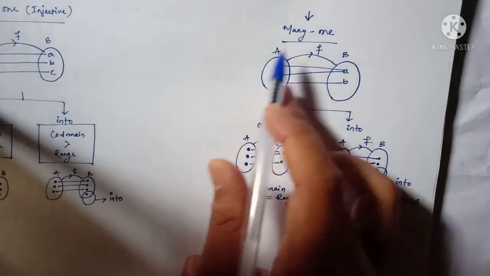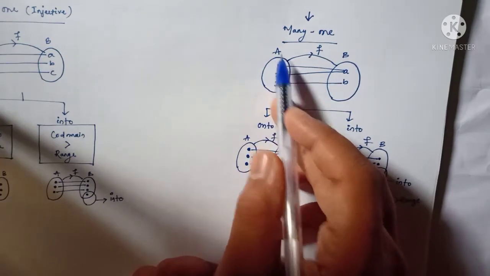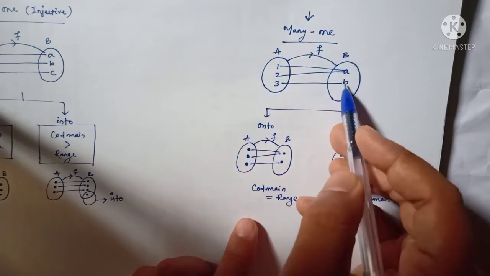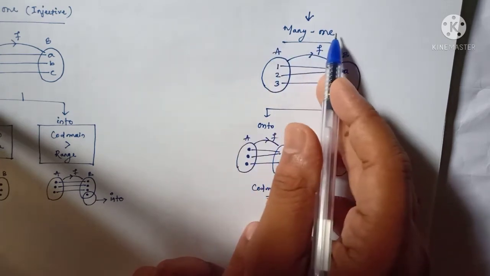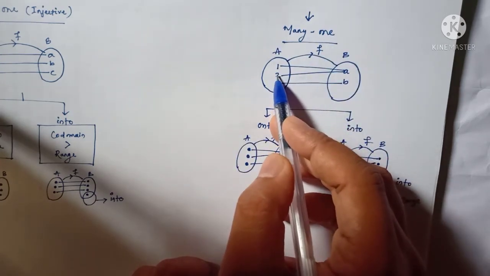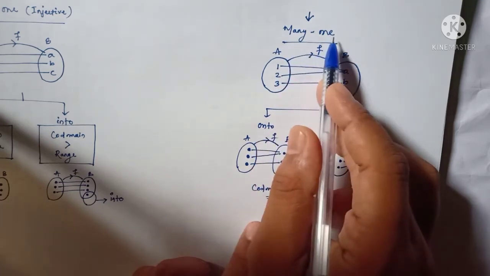The same thing is also applicable in many-one cases. Here set A has 3 elements and the other set has 2 elements. When it is many-one, many elements have one image.